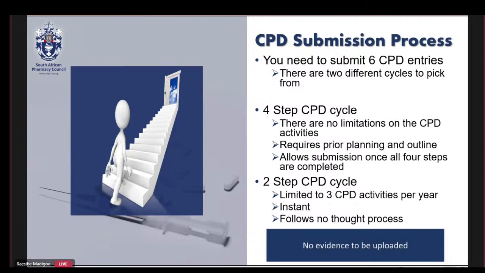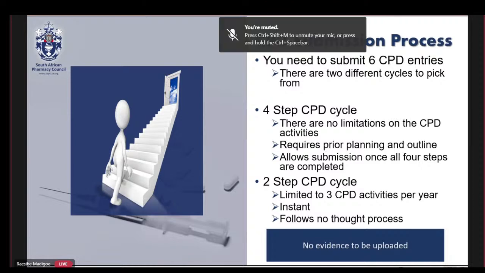It can happen that you're sitting with somebody sharing information and you realize that actually you've learned something from this, and then you go log in and tell us what you have learned. It is limited to 3 CPD activities per year, as I've said, and we cannot give any more. So it's only 3.